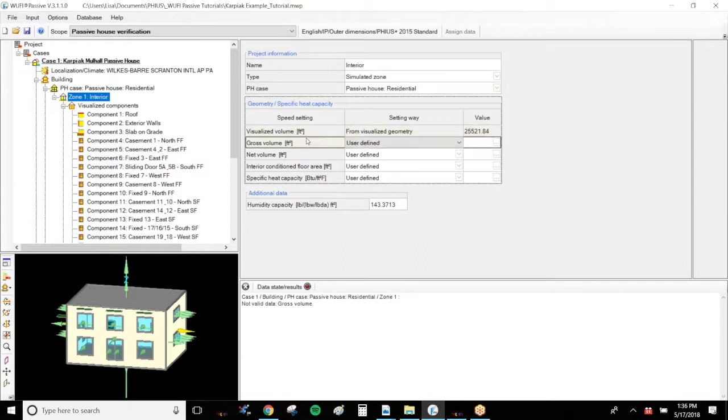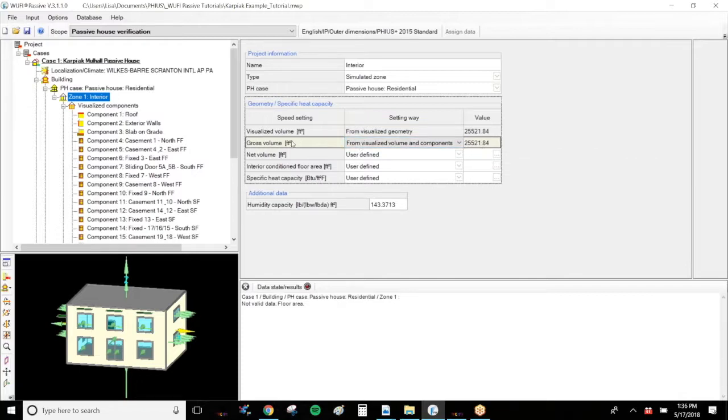The next entry here is the gross volume. This is the volume measured to the outer extents of the thermal boundary. If we've drawn our SketchUp model properly for import or our GBXML file, the gross volume should be identical to the visualized volume. You should have drawn to the exterior extents of the thermal boundary. So I'm going to detect this by clicking into it and say, go ahead and take that from the visualized volume.